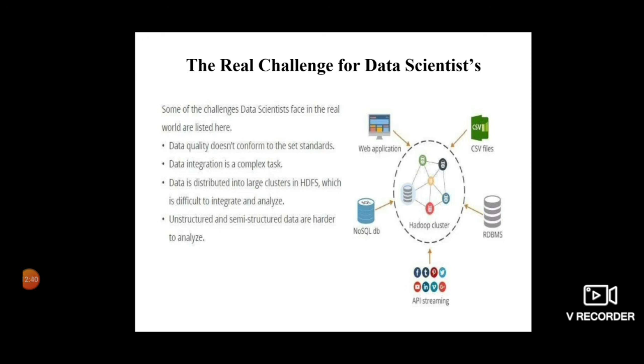Data is distributed into large clusters in the Hadoop distributed file system, which is very difficult to integrate and analyze. The next challenge is that unstructured and semi-structured data are very hard to analyze. The data scientist has to face these challenges in real life.